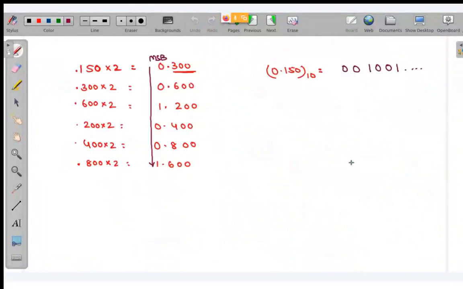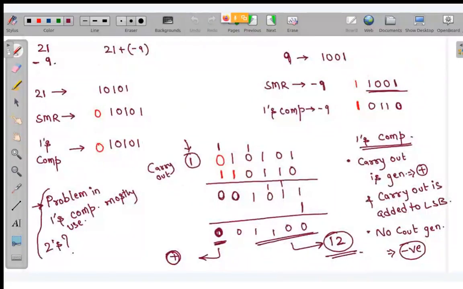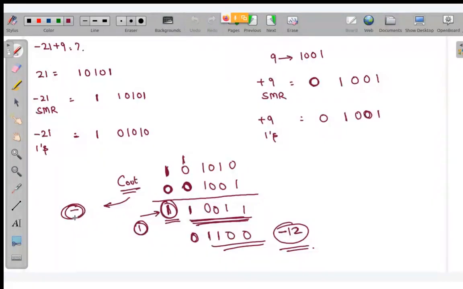Now one more thing I had written over here, if you see, is the problem in 1's complement, which is why we mostly use 2's complement. One of the reasons I told you is that usually we have a carry, and due to that we need to add it to the result to get the number. So that is one problem.